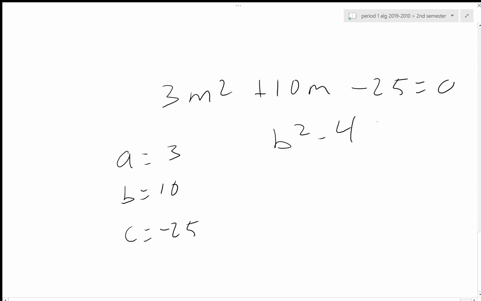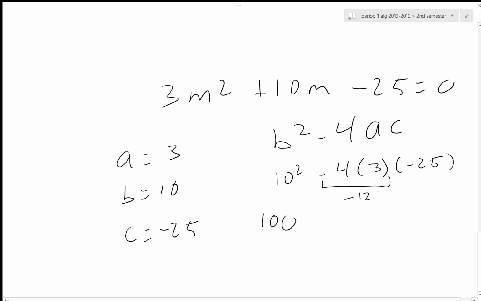Again, b squared minus 4ac, so 10 squared minus 4 times 3 times negative 25. 10 times 10 is 100. Negative 4 times 3 is negative 12. Negative 12 times negative 25 is 300.